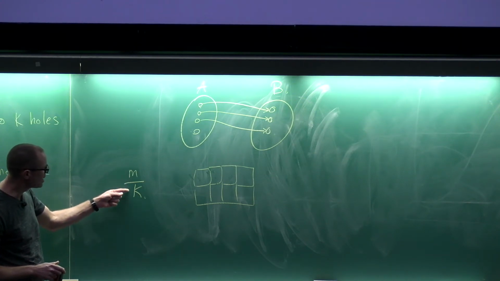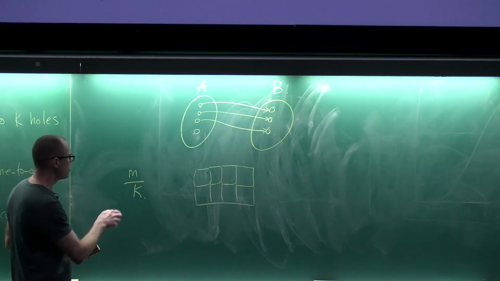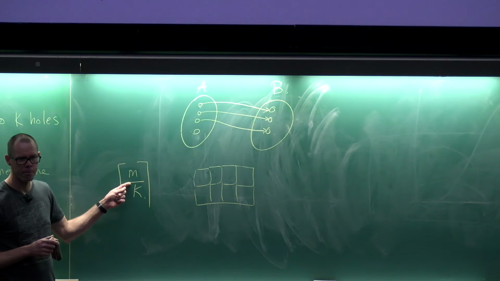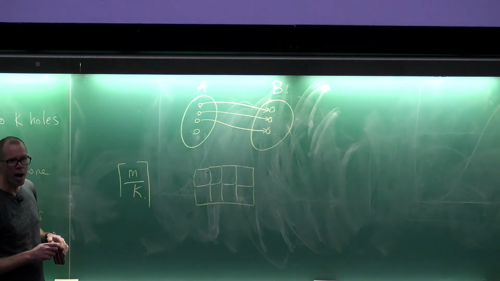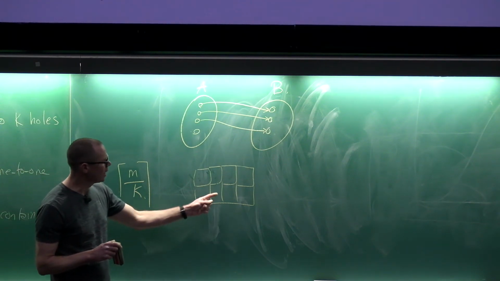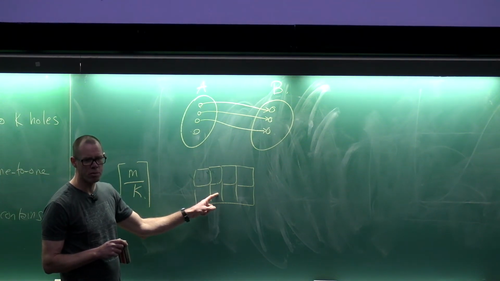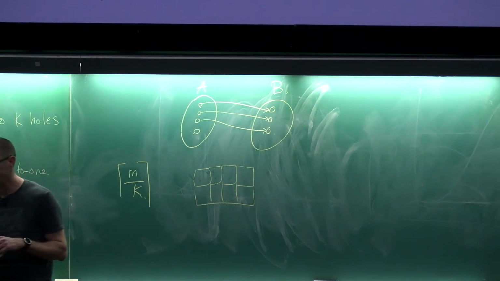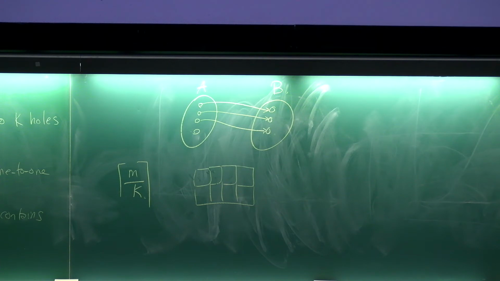So there's one that contains at least M over K, which means that it contains the ceiling of M over K. Right, so if M over K is 2.5, for example, then there's a hole that contains at least 2.5 pigeons, which means the hole contains at least 3 pigeons. Is that all clear?